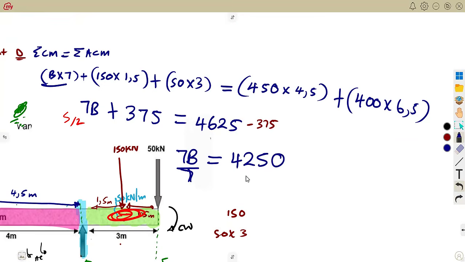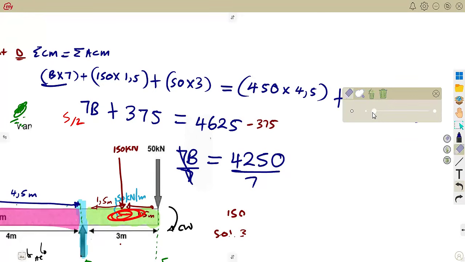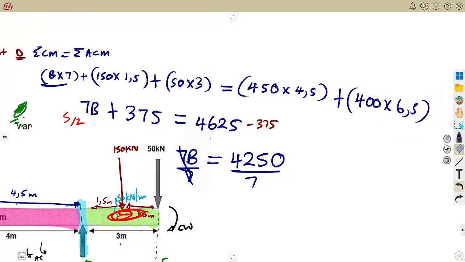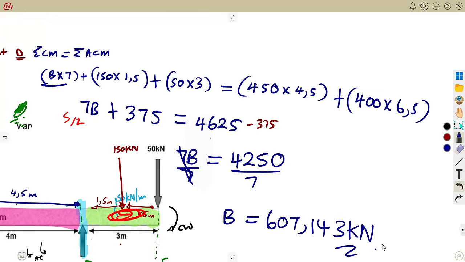Divided by 7 both sides, so that we determine the exact value of B. In that case, our B was going to be 607.143 kilonewton. Just like that.